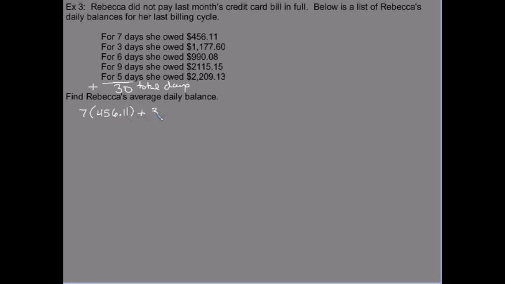Then she had 3 days at $1,177.60. And then 6 days at $990.08. And then 9 days at $21.15, and then 5 days at $22.09. So we're going to multiply that.